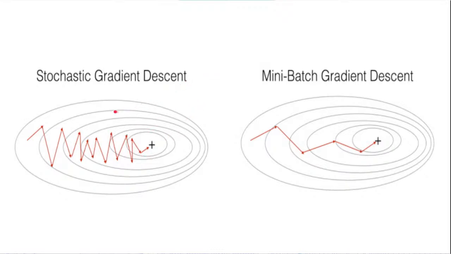We agree that stochastic gradient descent is much better than gradient descent, even though we have many iterations and this noise. And mini batch gradient descent is much better than stochastic gradient descent. Why? Because we reduce the time taken, we reduce the noise, and we also reduce the number of iterations needed to reach the minimum loss function.